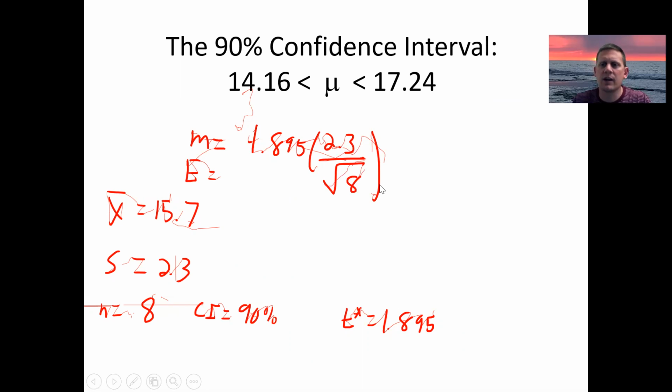So we get our calculator out: 1.895 times 2.3 divided by the square root of 8. So that equals 1.54. So that's our margin of error.